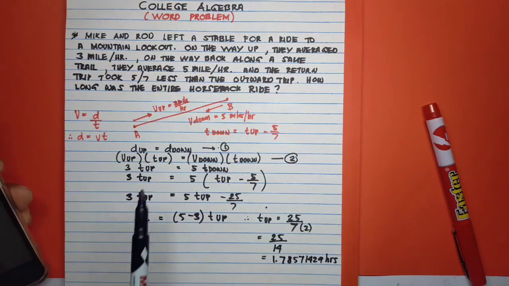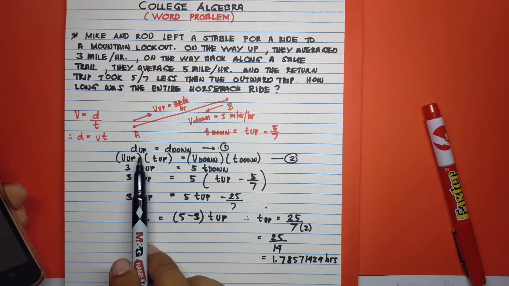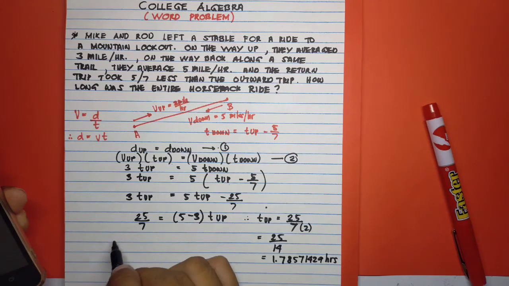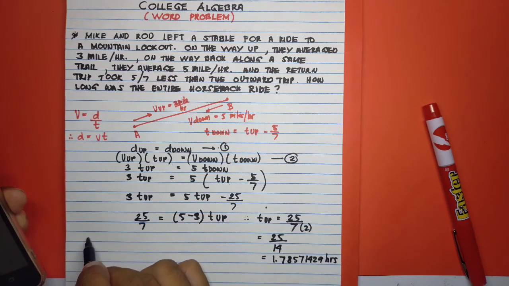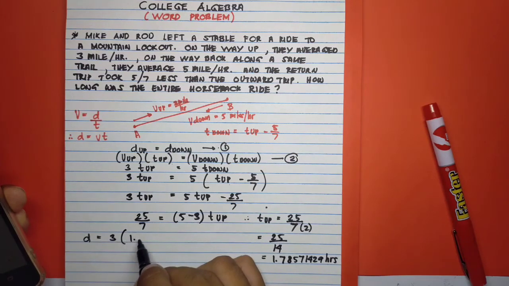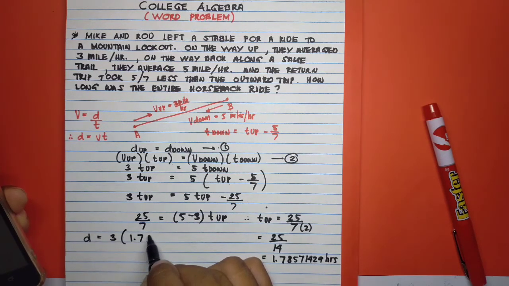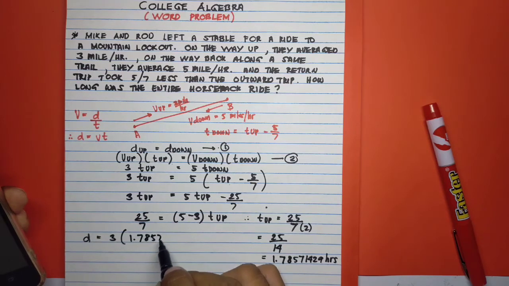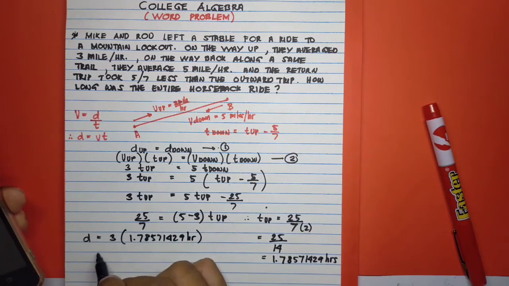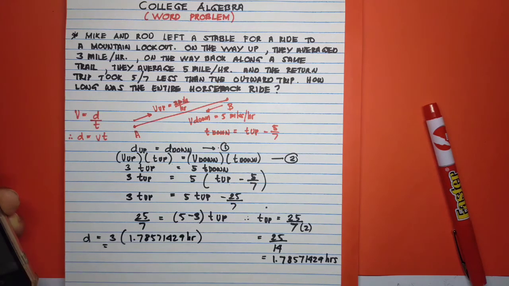Since distance up is equal to distance down, distance is equal to the velocity up, 3, times the time up, 1.78571429 hours.